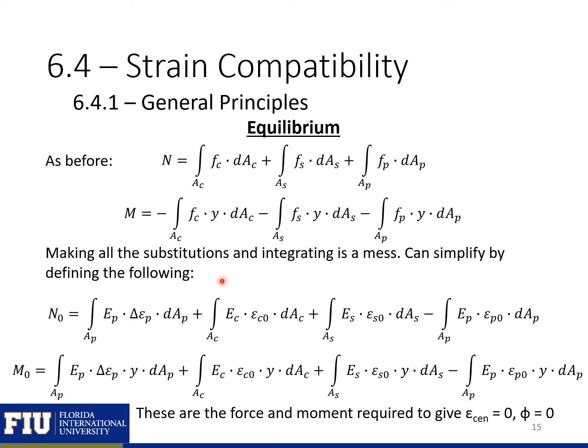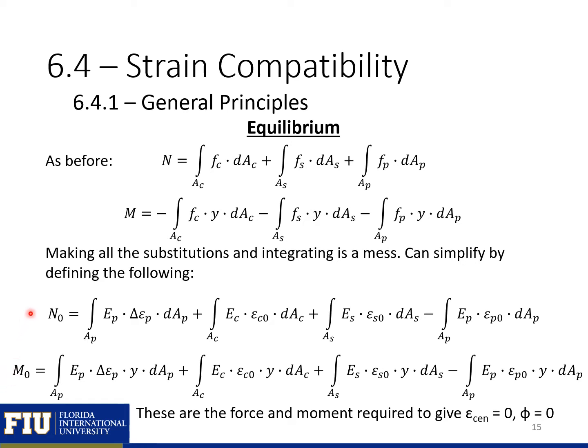So we can make different substitutions, and the integration is not the cleanest, so we can simplify things by making a couple different definitions. The first is we'll define our N naught and M naught using these equations here.